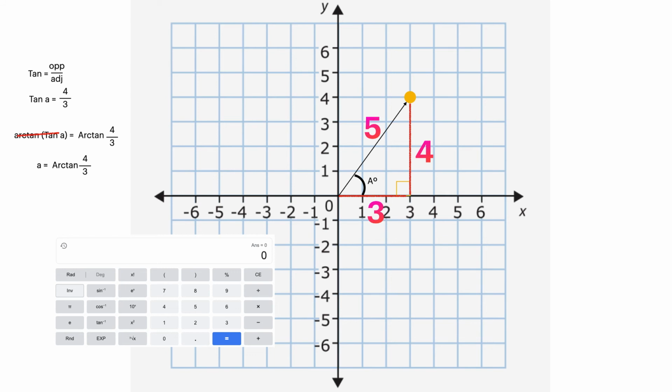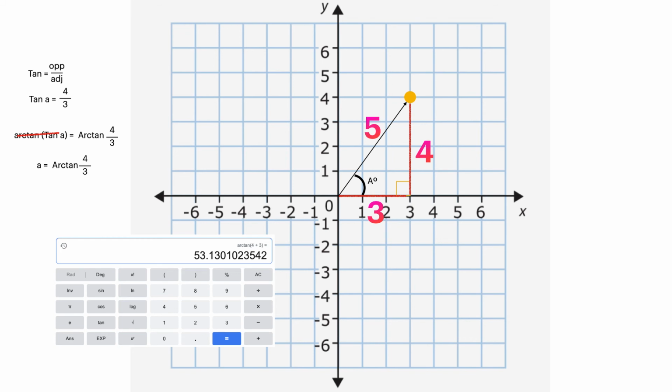I'm going to type in inverse and then arctan, and then arctan of 4 divided by 3, and then the bracket, of course. If we press enter or the equal sign, we get approximately 53.13, and so on.